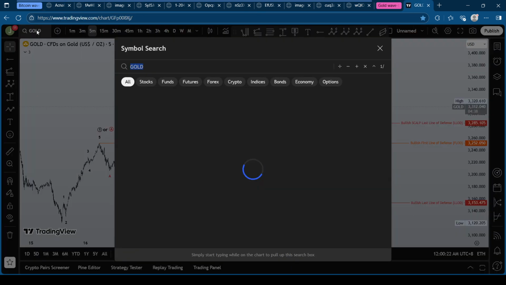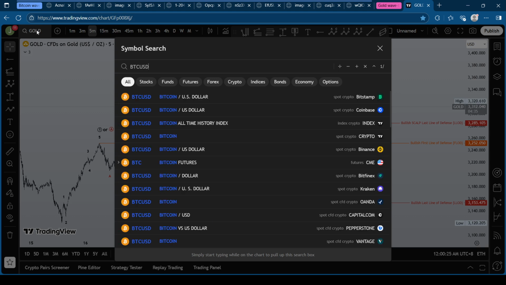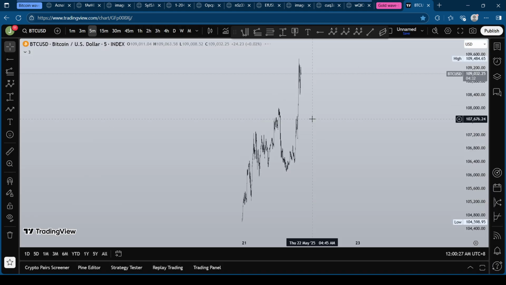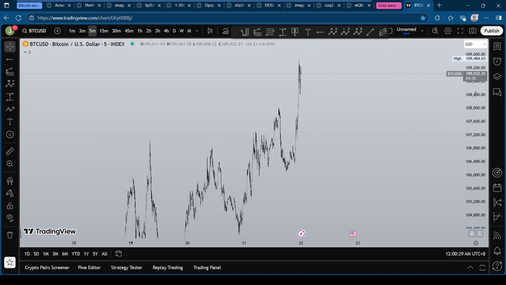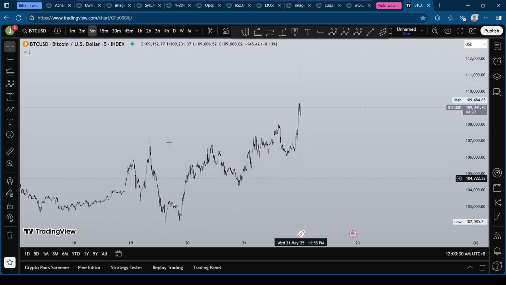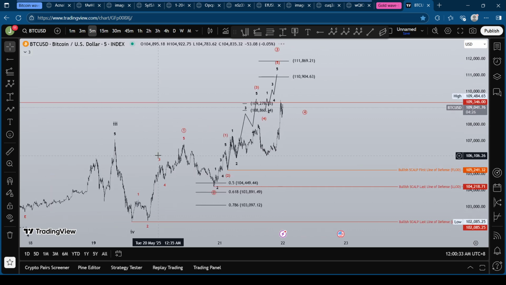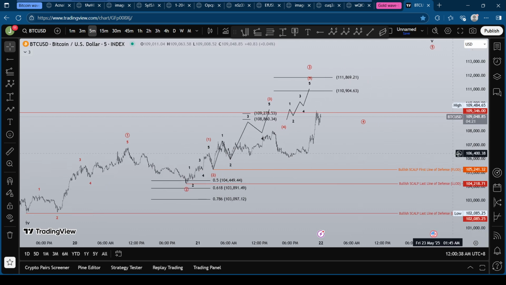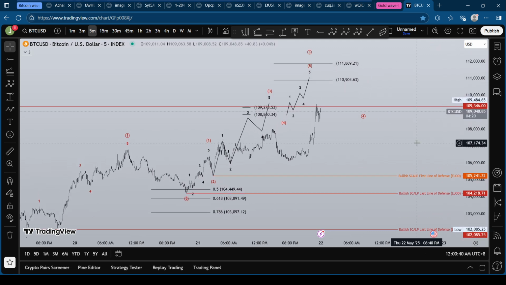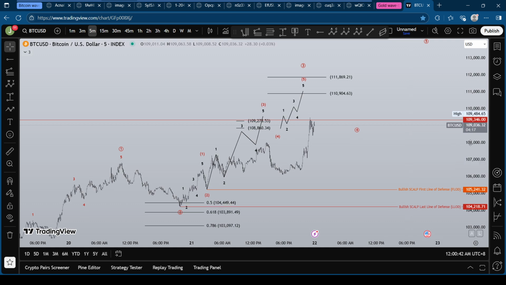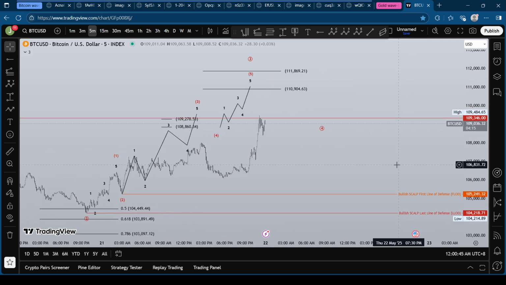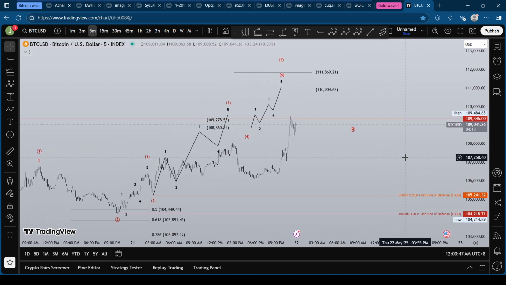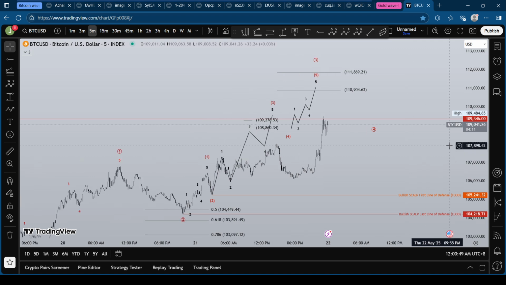Not really gold, but BTC. As you can see, it's like I have drawn the market, then the market followed me. Not because I'm a magician, not because I'm a fortune teller, but simply because I am an objective Elliottician.